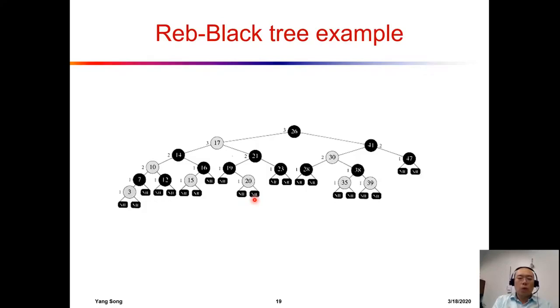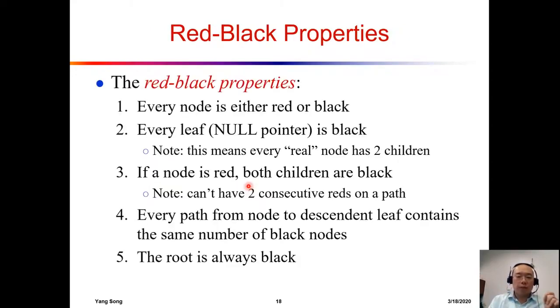So it is the right child of the node 20, right? But in the red-black tree, the rule is for all the leaves we have been talking about, they will have two children, and both of them will be nils. So let's come back.